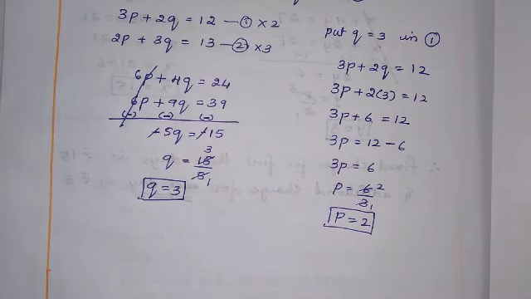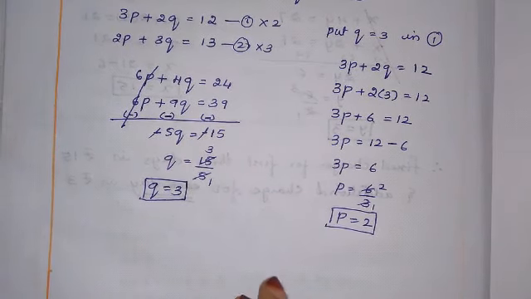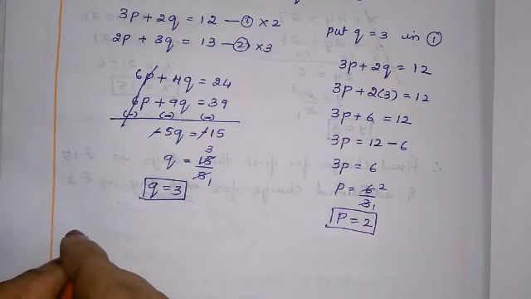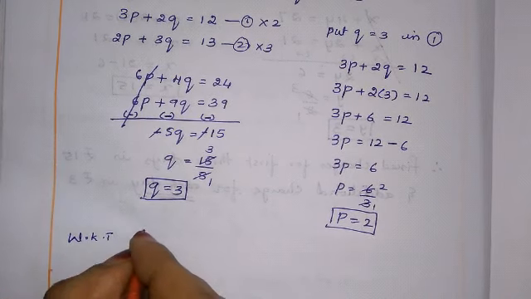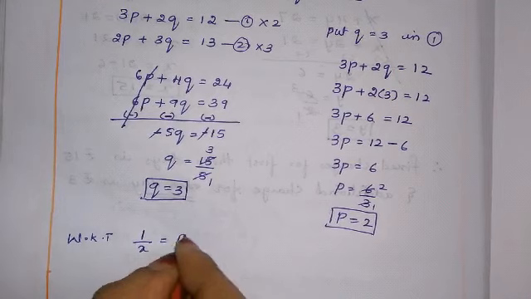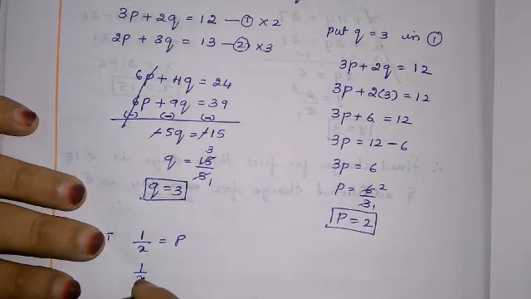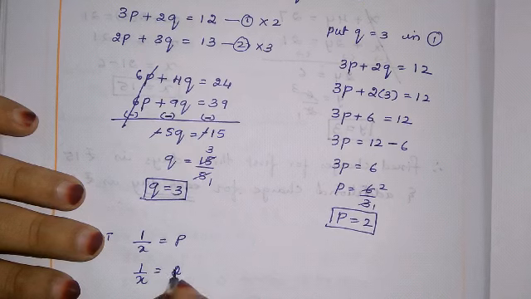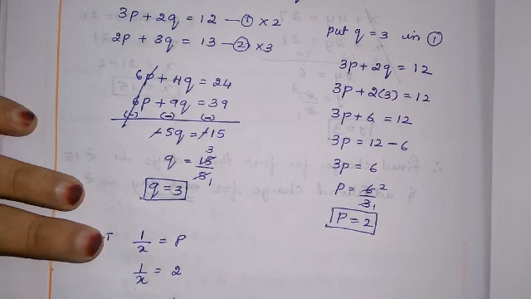Here we got the values of p and q, but we want the values of x and y. We know that we have taken 1 by x is equal to p. 1 by x as it is equals p, which is 2. So here 2 we have to bring, that is x is equal to 1 by 2.